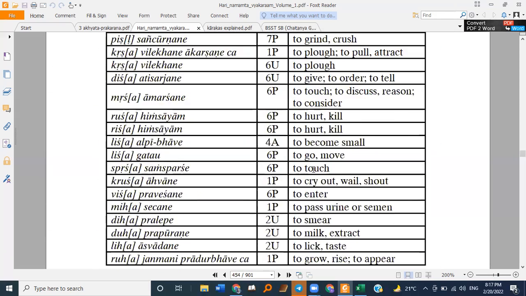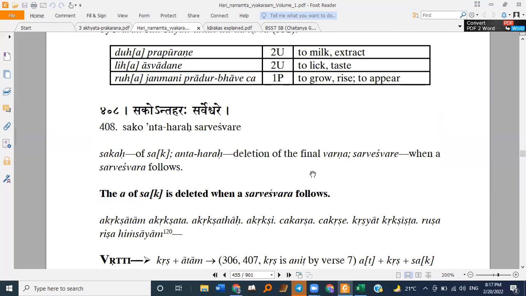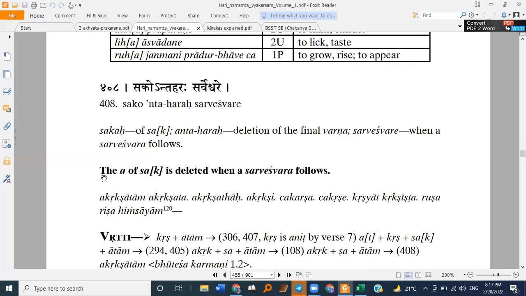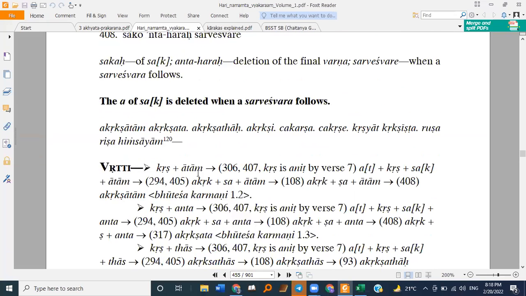Then, Sakontaharaha Sarveshwari. The a of sak is deleted when a Sarveshwara follows. For example, Krishyukt Atam. This is our Atmapada Pratyaya, Dhatu Puramat, and we insert sak, right?